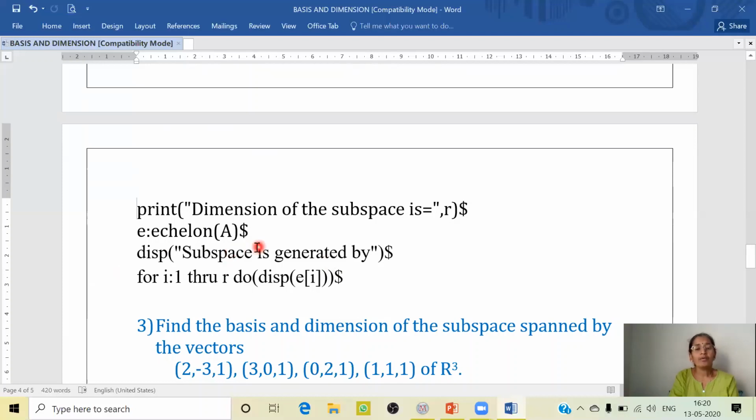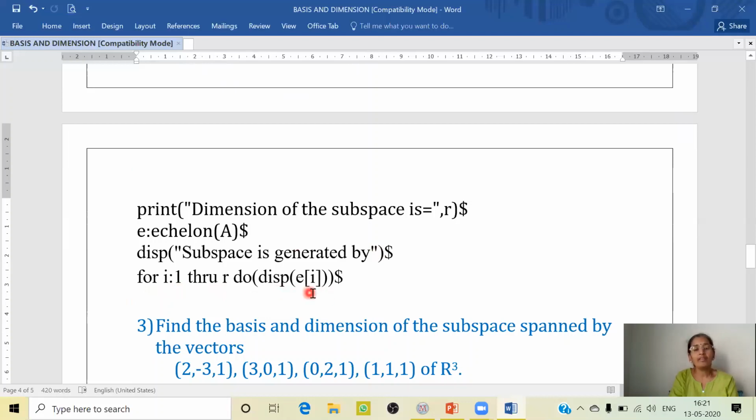So how many non-zero rows will be there? The number of non-zero rows will be equal to the rank of the matrix. So to extract the non-zero rows, let us use the for loop, for i running from 1 through r, where r stands for the rank of the matrix, we display the non-zero rows, giving the disp command E of i.